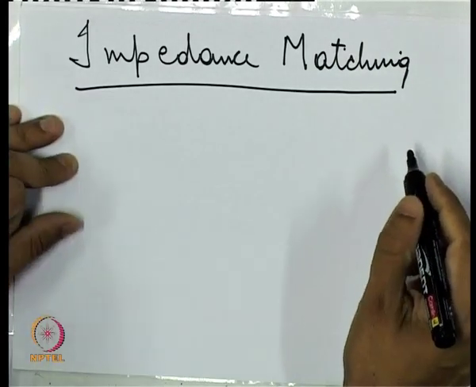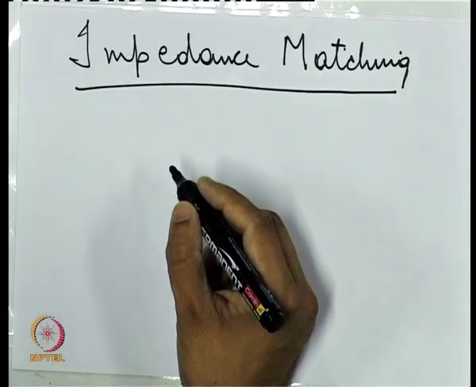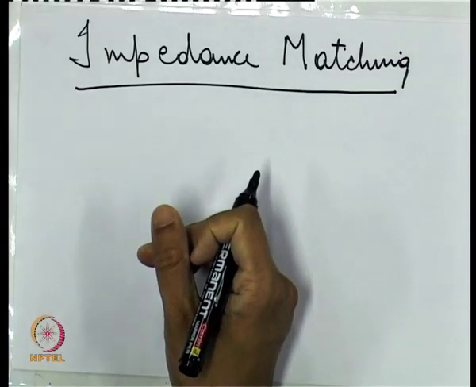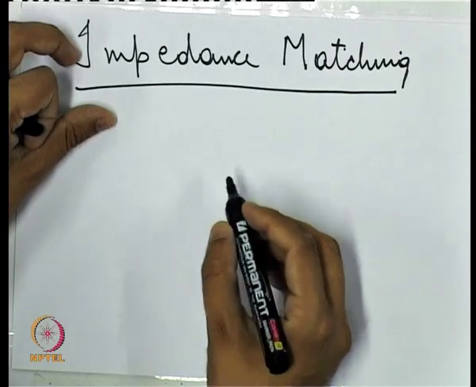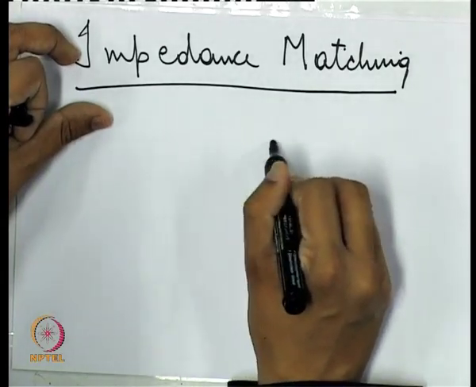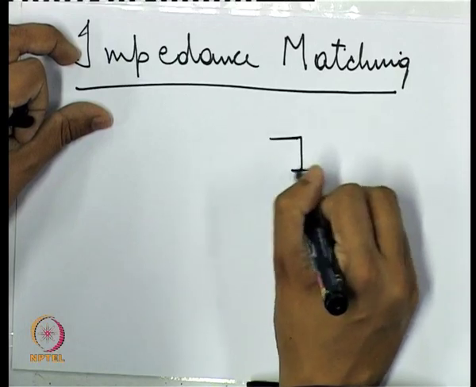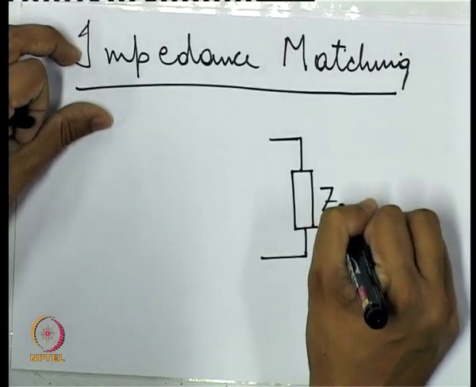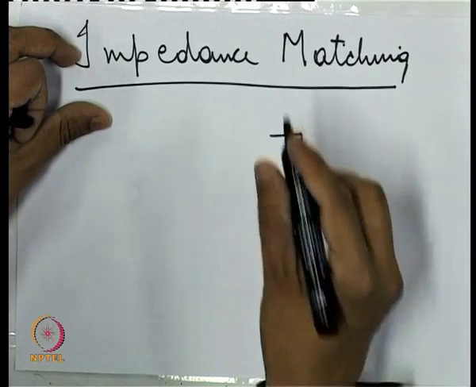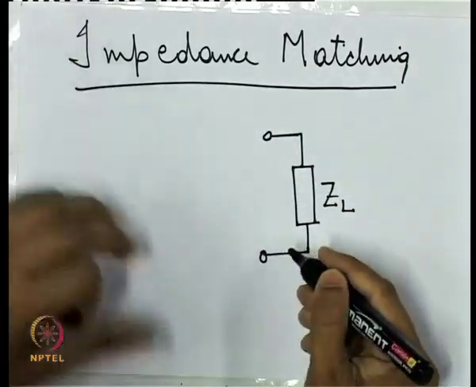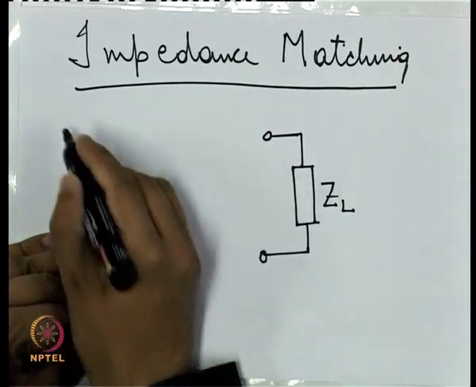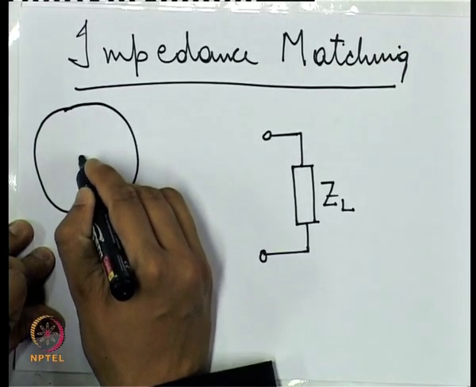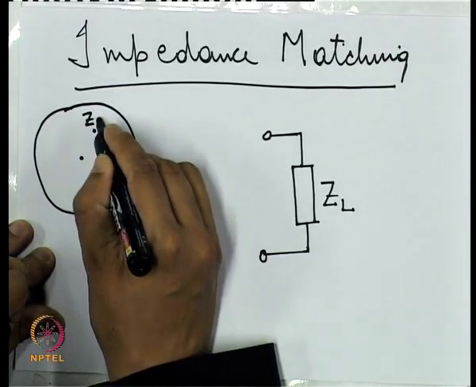Consider a simple case. Suppose we have a load ZL, and say on a Smith chart this ZL is represented, say this is the origin, by this point.